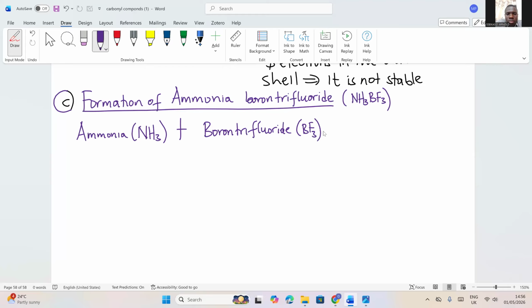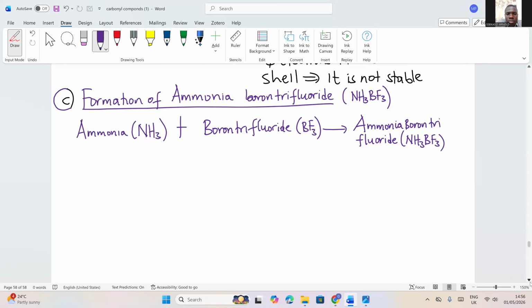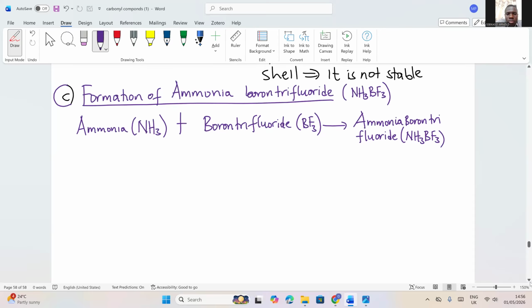So they combine to form ammonia boron trifluoride, with the NH3 BF3 like that. Now ammonia, we have seen that ammonia has this structure.